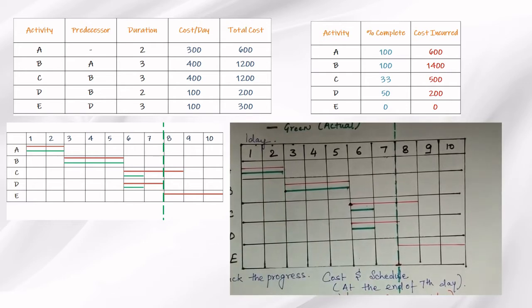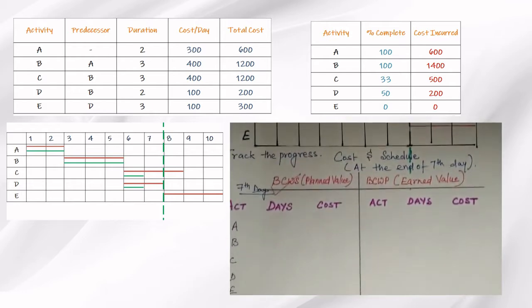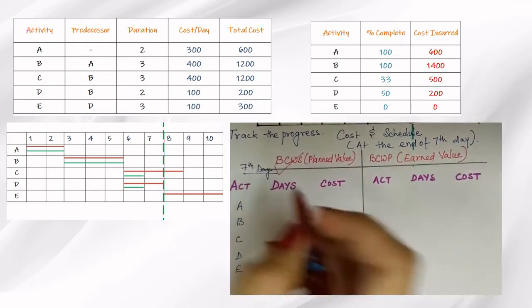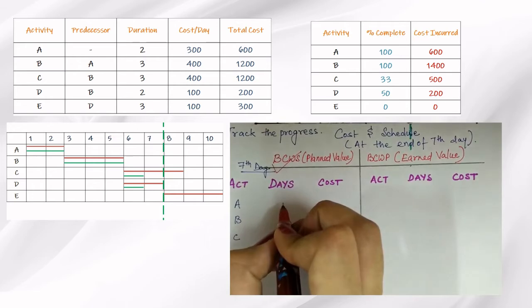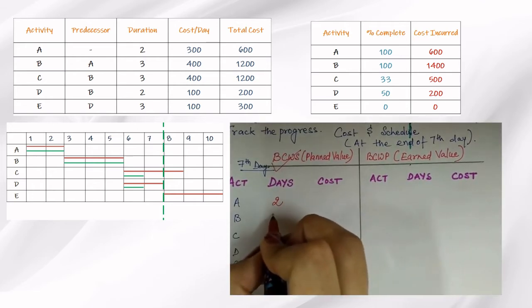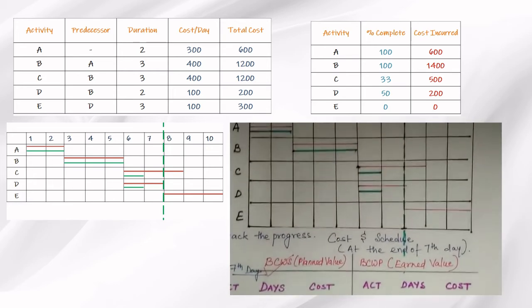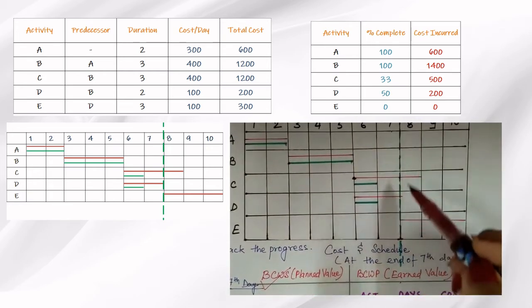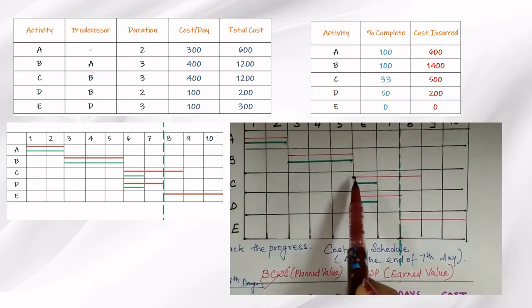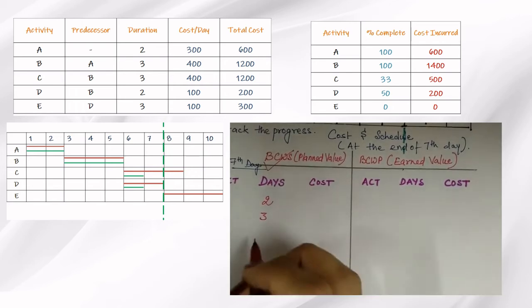We'll map out the days for the BCWS from the table given above. A was supposed to take 2 days, and B was 3 days, and for C, at the end of the 7th day, C was supposed to be complete 2 days. So that is why I am taking 2 days here.